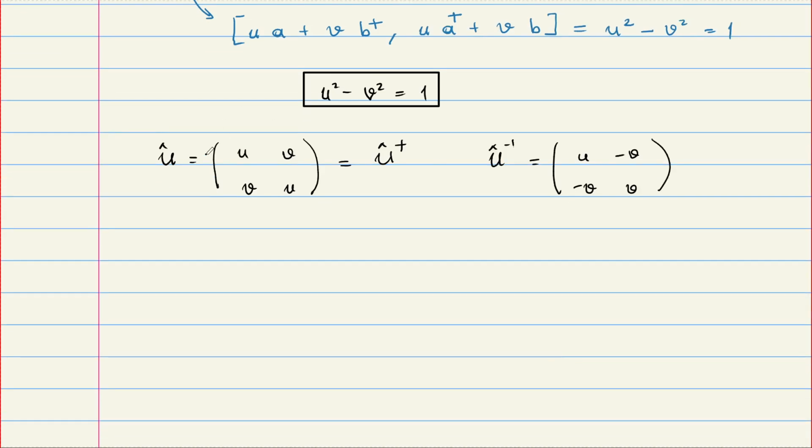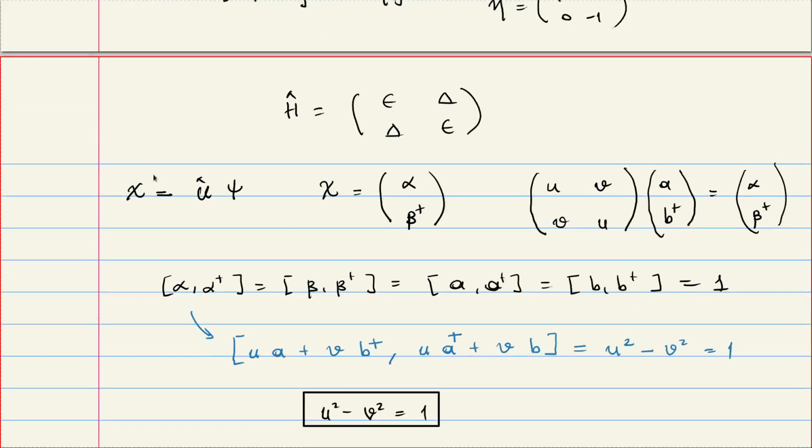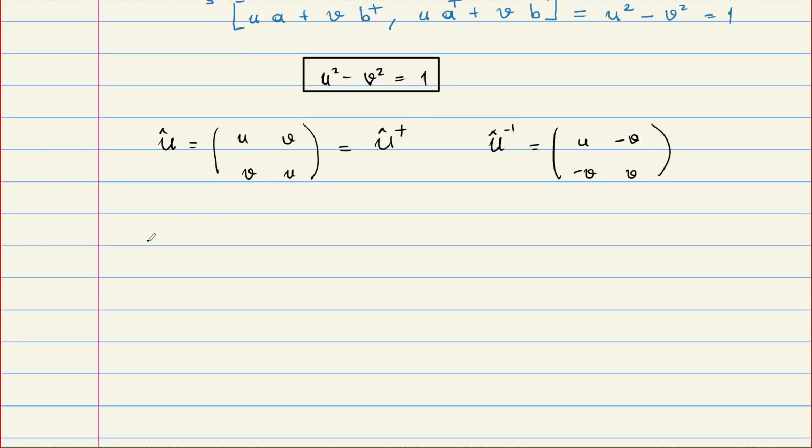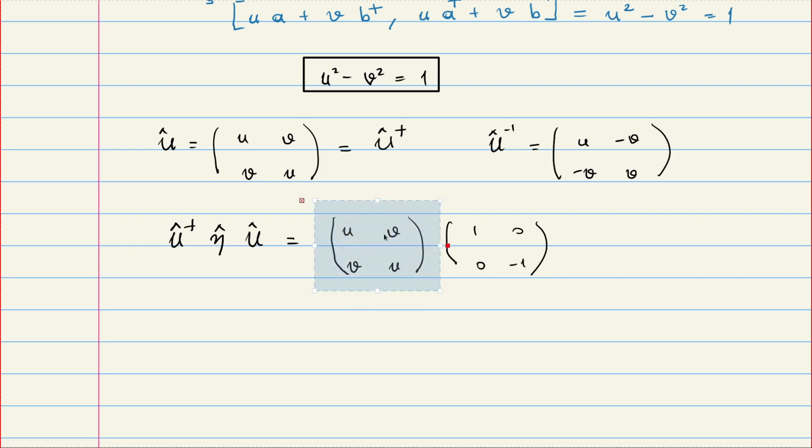And now let's look at what this transformation does to our metric. When I say metric, I mean this eta. Let's see how this eta transforms. For that, I need to calculate U dagger eta U, right? So U dagger is equal to U. So I'm going to write this U, eta is 1, 0, 0, minus 1, and this is like that.